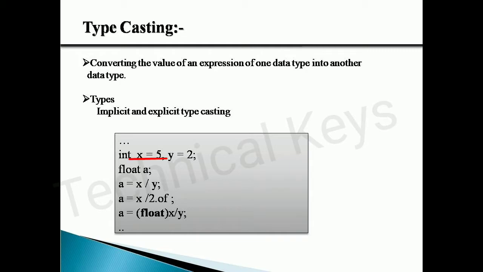The value of x is 5 and y is 2, so the compiler will not give me 2.5, it will give me the answer as 2.